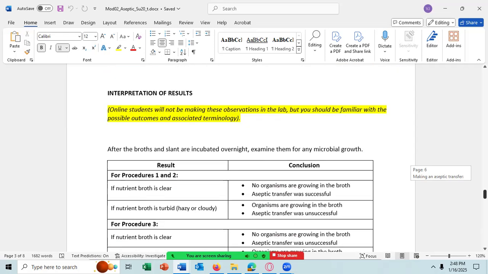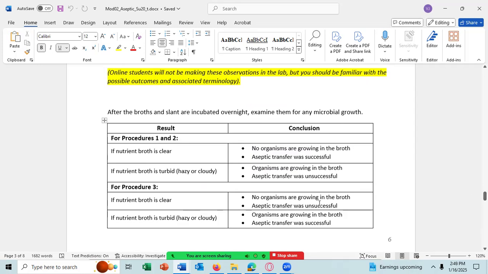And then you come down to this table where you have the interpretation of the results. You will not be making these observations in a lab, but you will see a picture giving you the results for procedures 1 through 4, and you should be familiar with the possible outcomes given in this table and the conclusions.